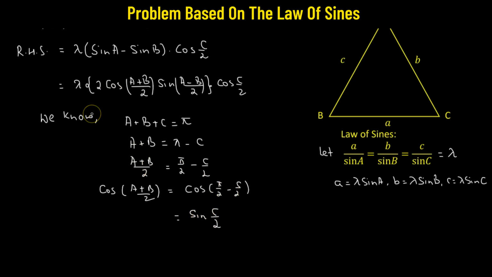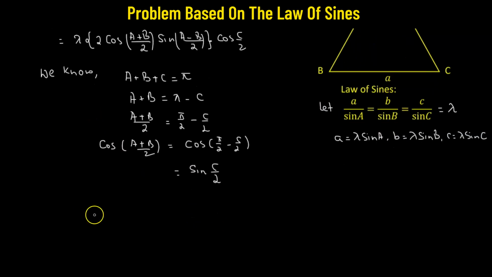So replacing this value on the right hand side, we are going to get 2 times lambda, and cosine of (A plus B)/2 gets replaced with sine of C/2. So we'll also write cosine of C/2, multiplied by sine of (A minus B)/2. Fine.